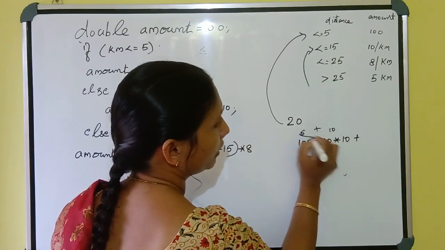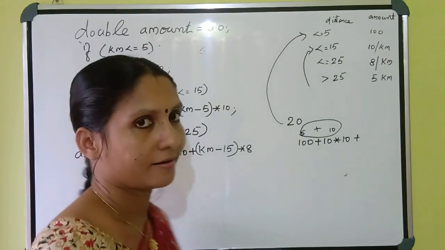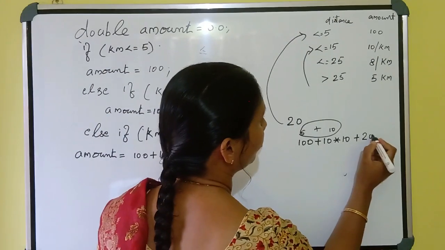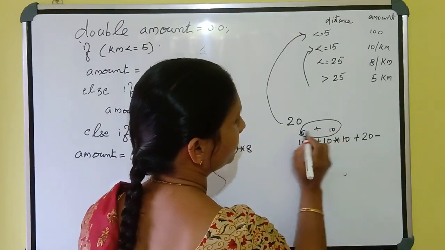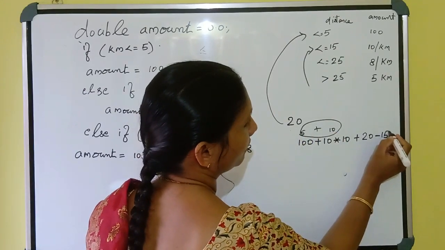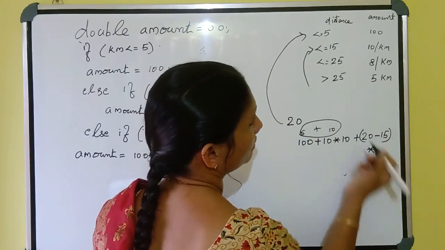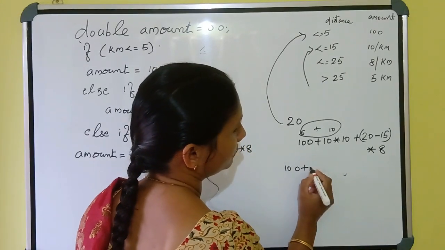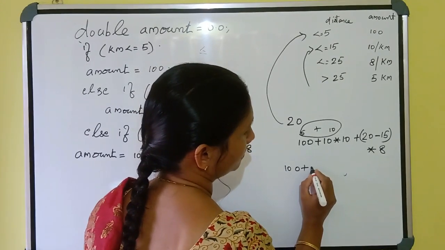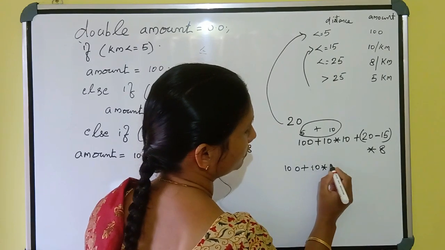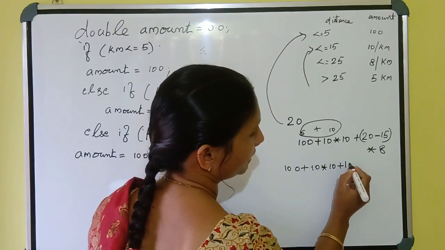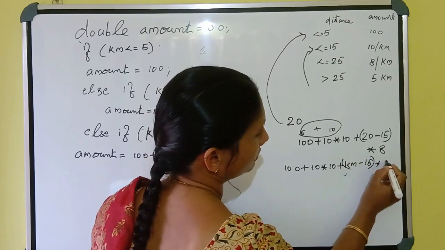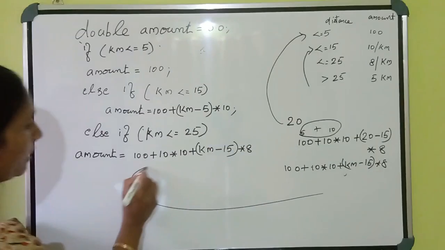That means 15 kilometers we finished. Then how many are left? How can you find out? 20 minus second interval. What is second interval? 15 into amount. Amount is 8. See, then it will come like this. 10 into 10 plus 20 means kilometer, kilometer minus second interval into 8. Like this way we can calculate this one.